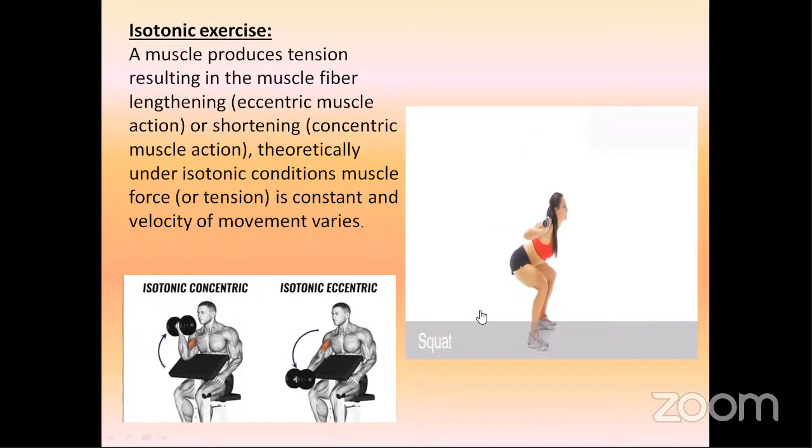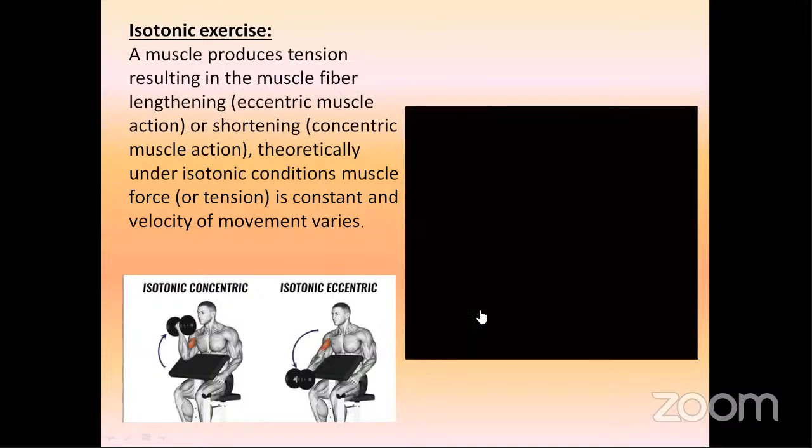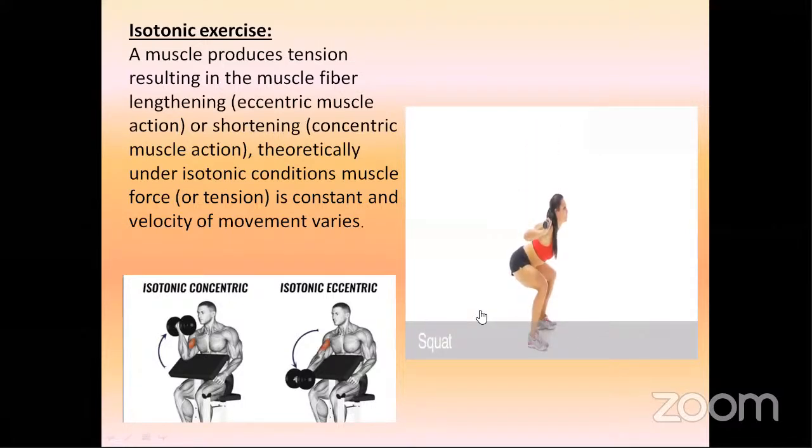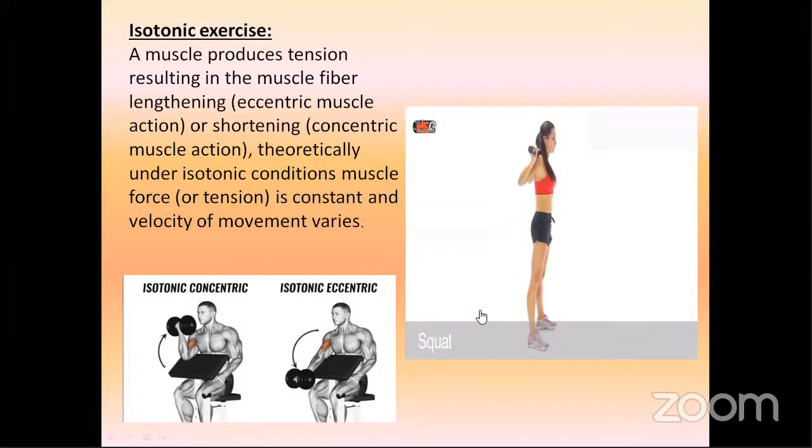If you take the squatting movement in the quadriceps, when the person stands up from the squatting position, the muscle contracts, producing concentric contraction. When the person sits down into the squatting position, the muscle lengthens, which is eccentric contraction.